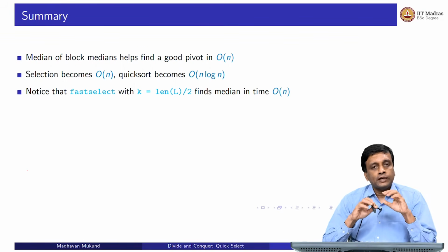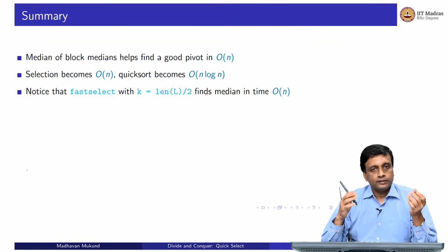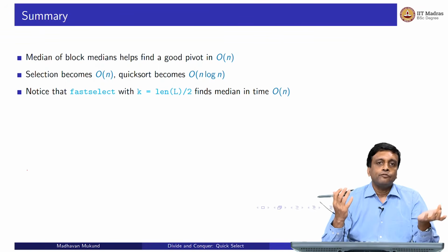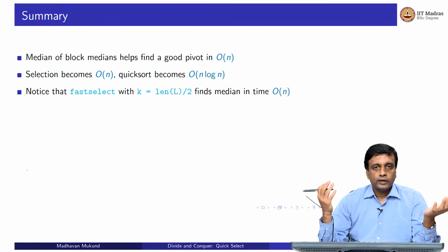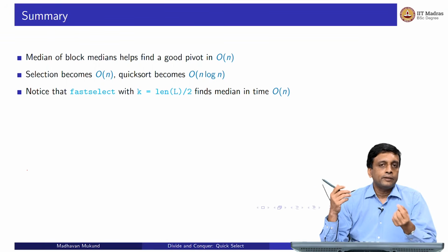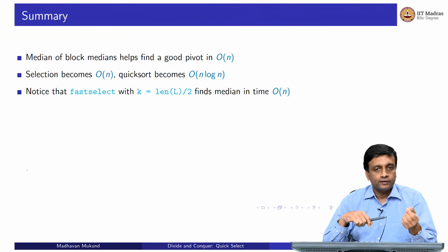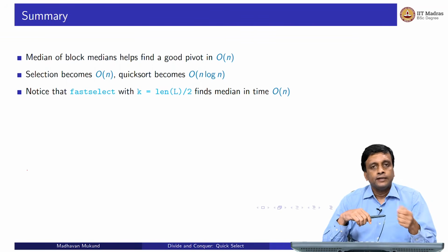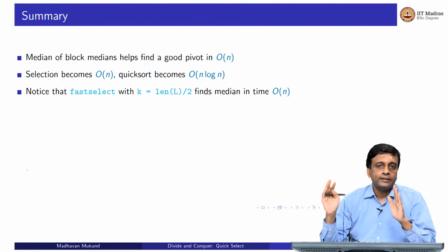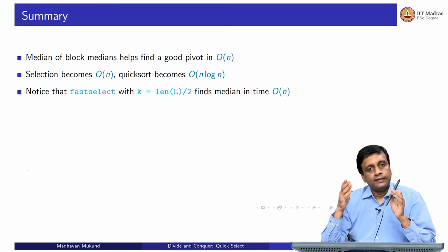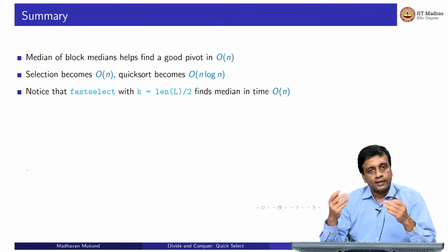This also means that we can find the actual median in linear time, because in particular this finds the kth largest number for any k in linear time, and if I say k is n by 2, then I can actually find the middle element in the sorted sequence in linear time. So I can actually find the real median. So even though the median of block medians is not the real median, it's somewhere between 3/10 and 7/10, still I will also be able to find the exact median by using quick select with median of medians.